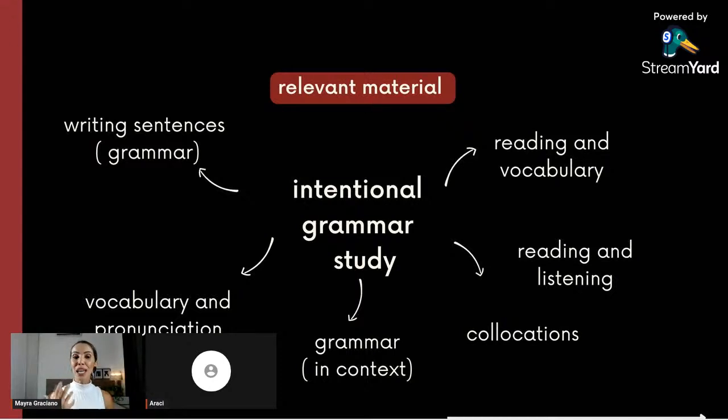Okay? Grammar in context. So that's why when you have this intentional grammar study, you're going to have grammar in context. It's going to make sense. Besides that, you're going to have vocabulary and pronunciation. And the last step that I generally suggest: writing sentences.